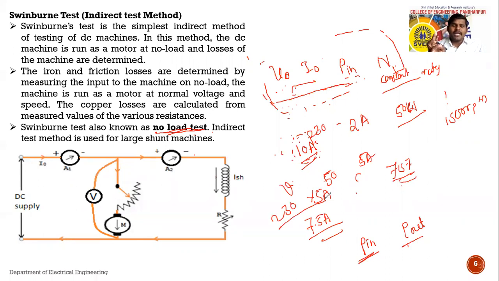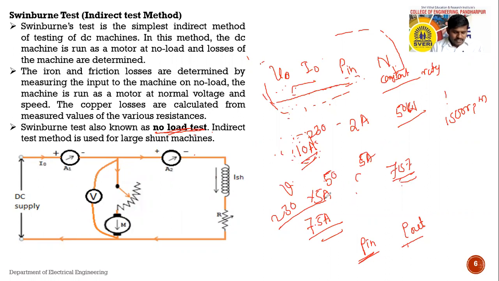Once input power and the losses are known, we are able to calculate the output power. And once output and input are known, we are calculating the efficiency of the machine.